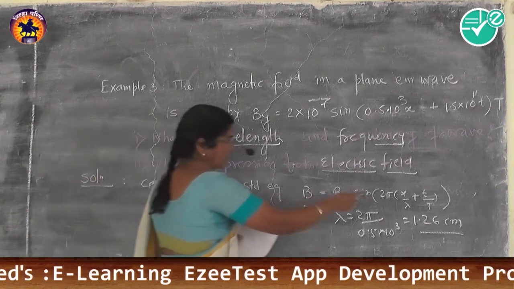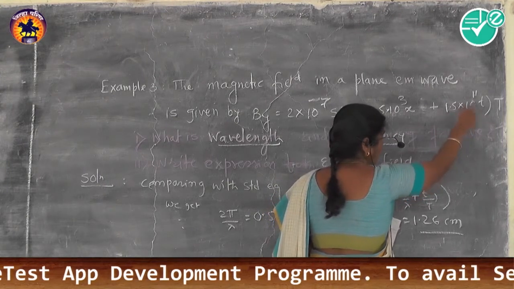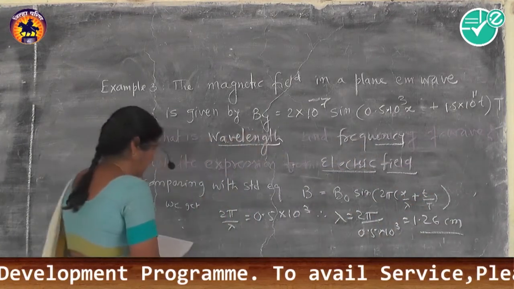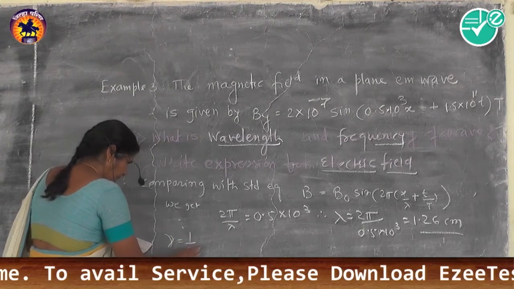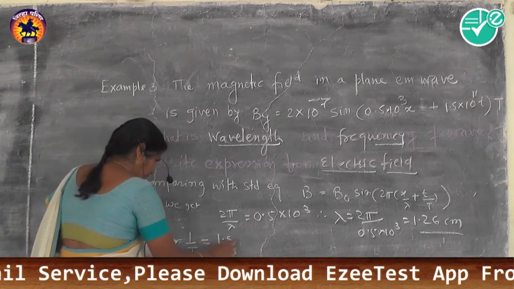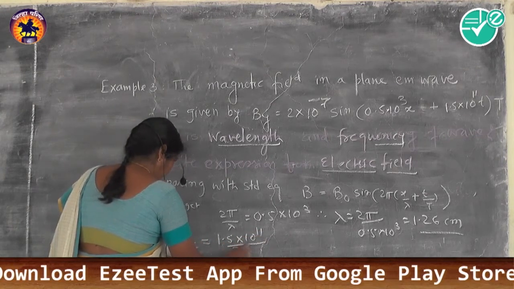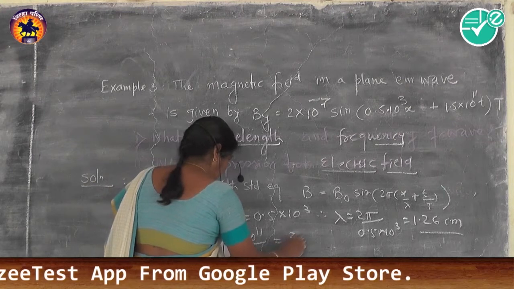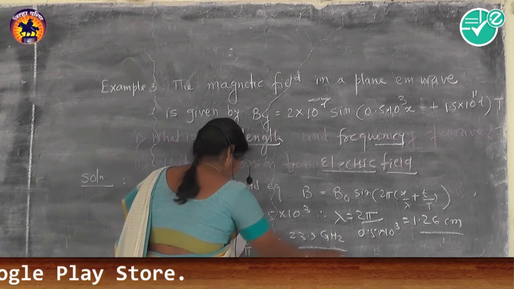Again comparing the value t upon capital T is equal to 1.5 × 10^11 t, we get frequency nu is equal to 1 upon capital T is equal to 1.5 × 10^11 upon 2 pi, which is equal to 23.9 gigahertz.